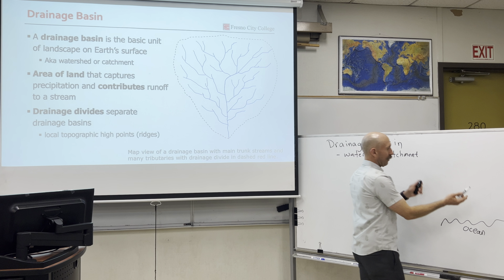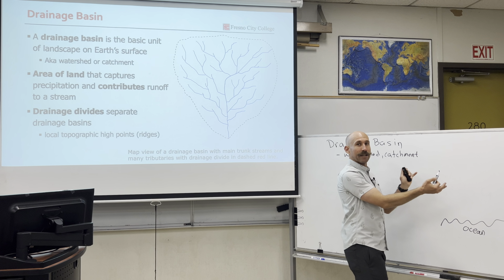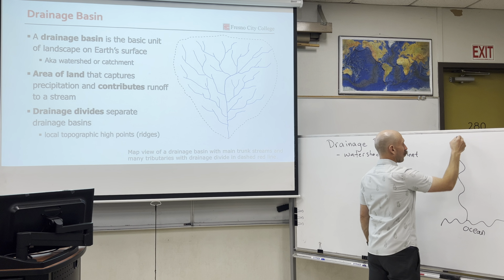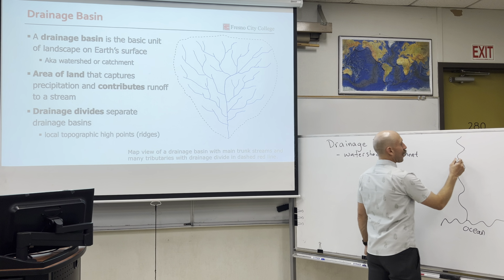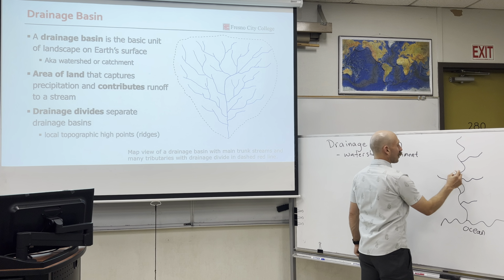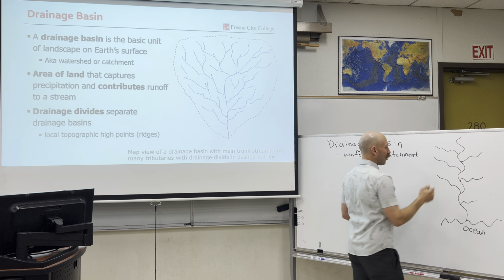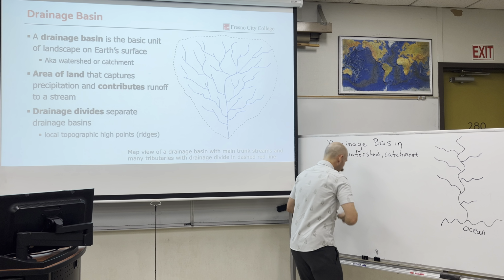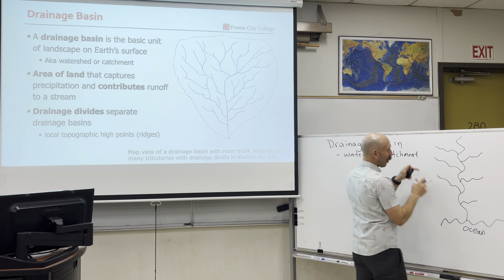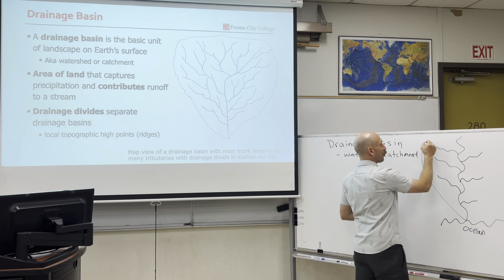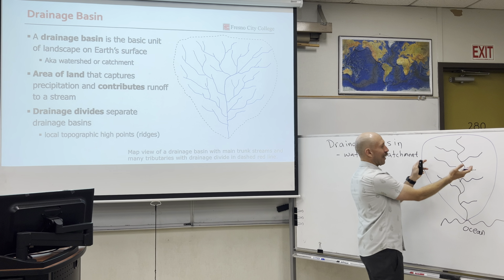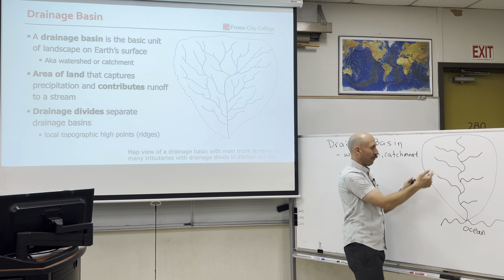This is looking at this model I'm creating as if you were in an airplane. And here's a big river that goes way up, covering a lot of land. And this river has smaller rivers, smaller streams that flow into it. Well, when it rains, all of the water that runs over land and then collects into these rivers and drains to this certain point is the watershed.